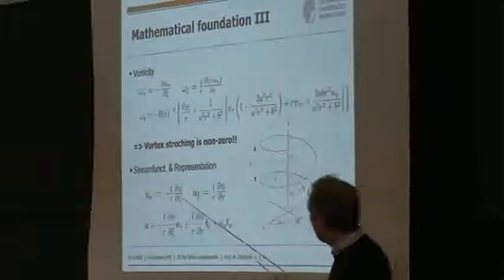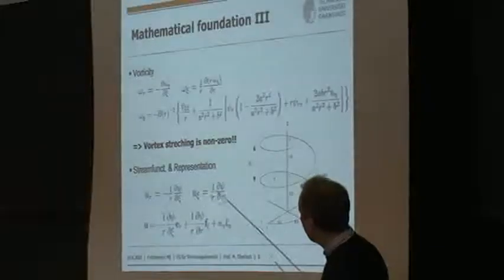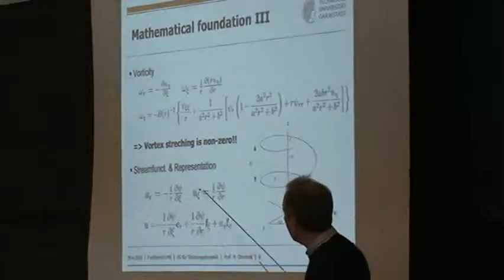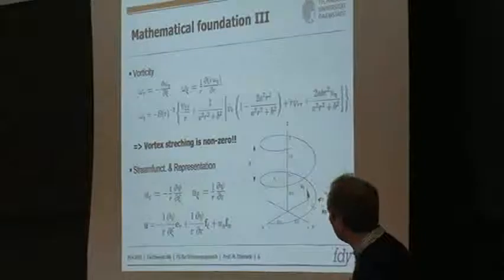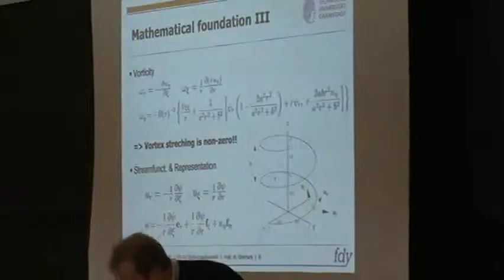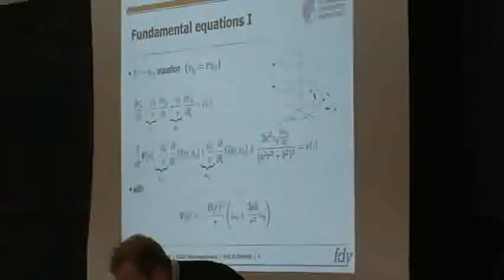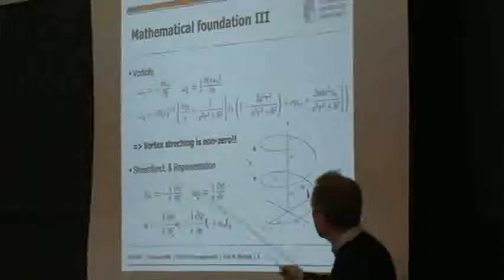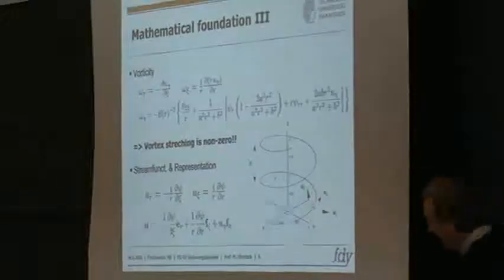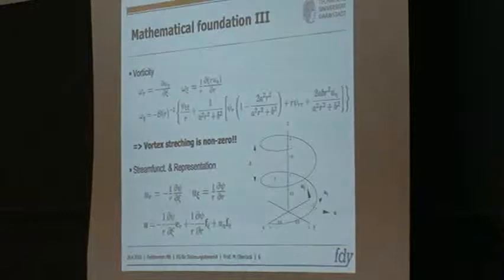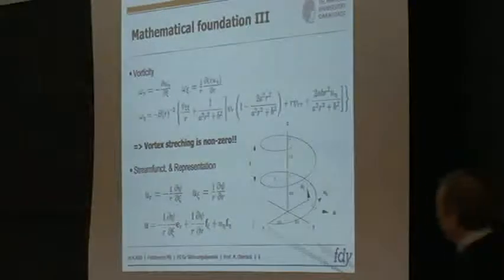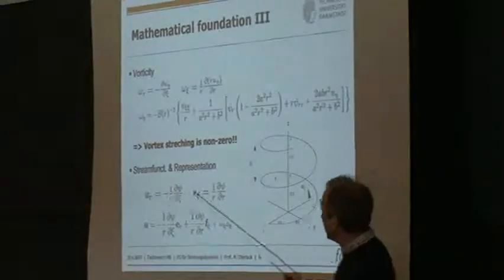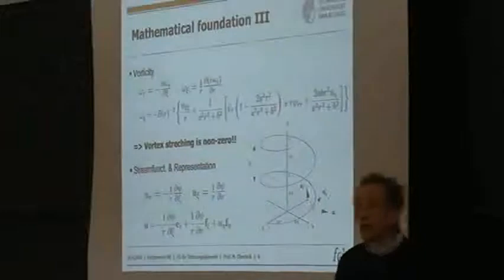Since we only have the psi and the r coordinate, we have u_r and u_psi. If you look at the continuity equation, I'm not sure where I have it here. No, unfortunately, I didn't show it. Anyway, what you can do is introduce a psi. And what I haven't written down here is that if you write the psi in terms of the velocity, it's a non-local quantity.